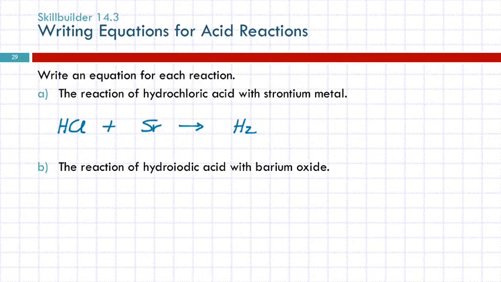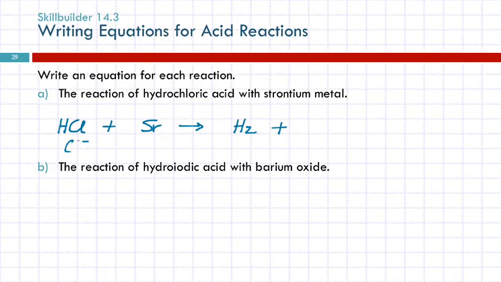So we're going to get hydrogen gas. Hydrogen is a diatomic element, so it has to be H2. And then what do we have left here? We have chlorine and strontium. What kind of an ion does strontium make? It's on the periodic table. Positive 2. So that's going to become a +2 ion. It is not a +2 ion here, but it's going to become one. I should really just write these over here.